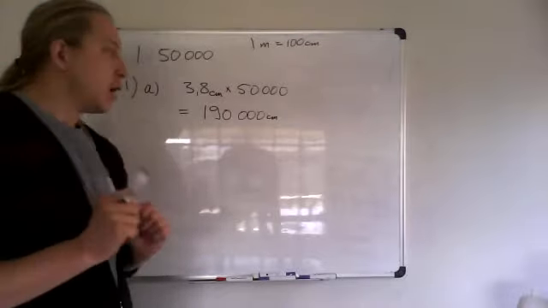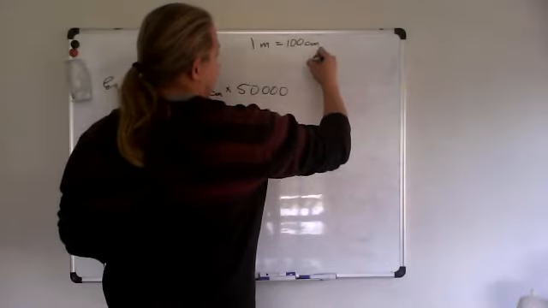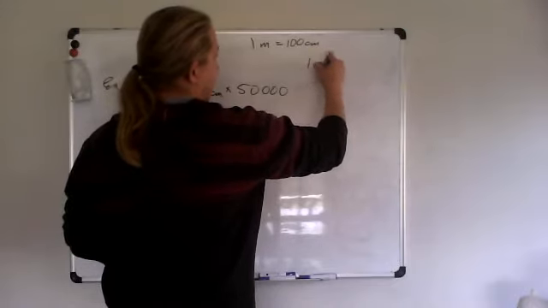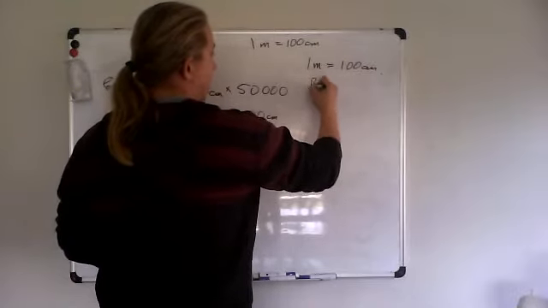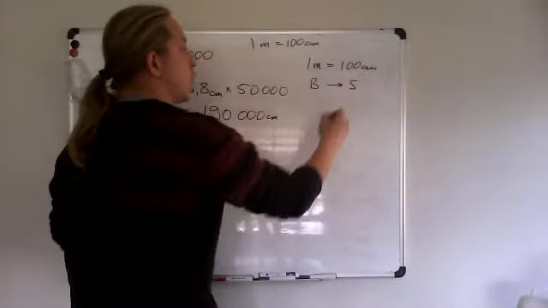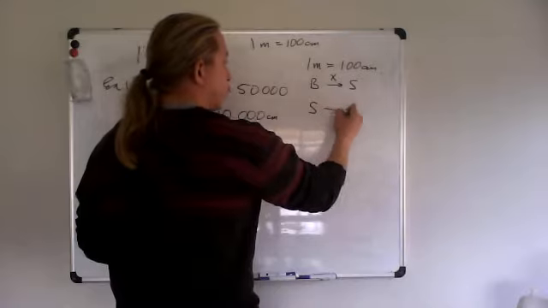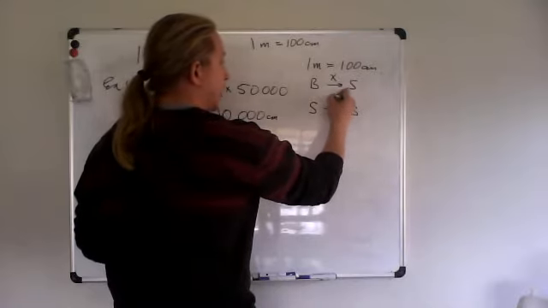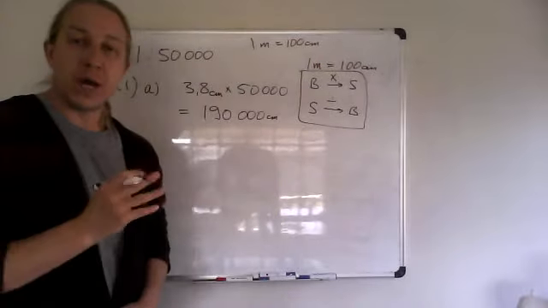If 1 meter equals 100 centimeters, we are going from big units to small units, so we multiply. If we go from small units to big units, we divide. That's what I want you to remember.